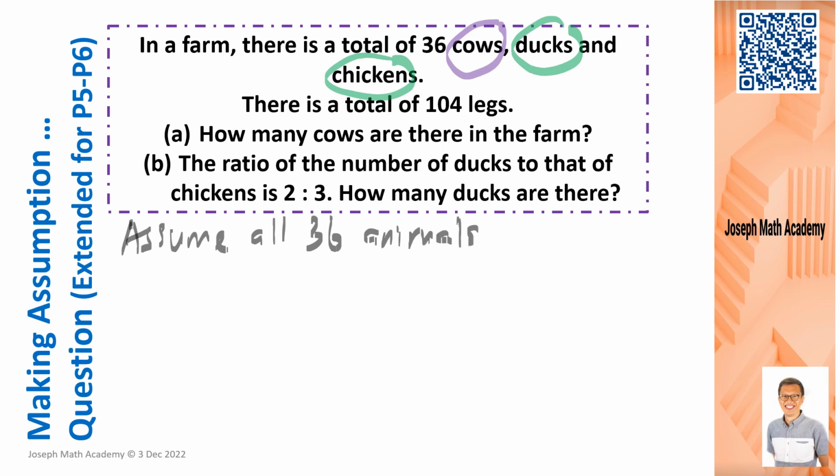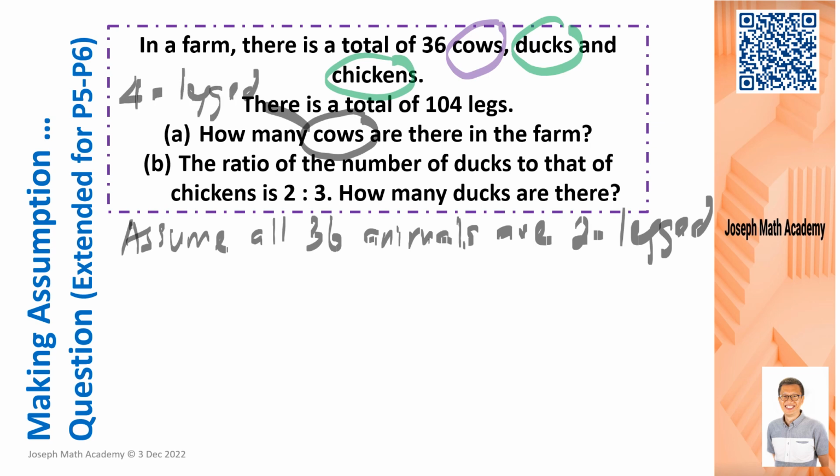Okay, assume what? Let's read the question. Part A, they ask for cows. So let's assume the opposite. So assume all 36 animals are two-legged. We have to assume that as opposite, because cows are four-legged. So we have to assume the opposite.